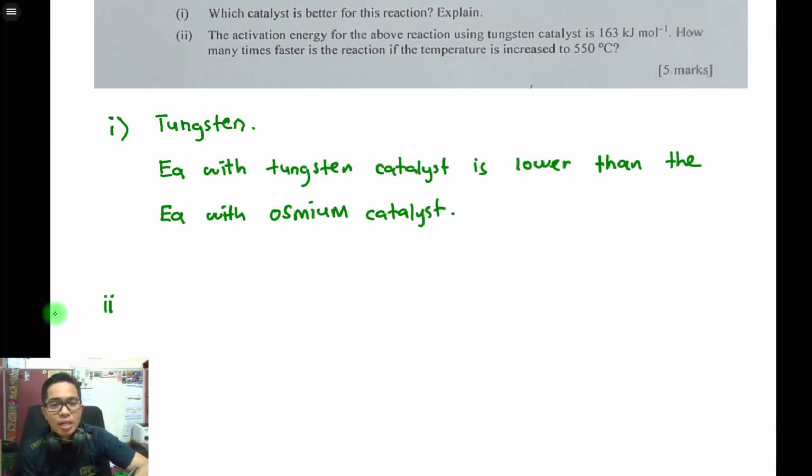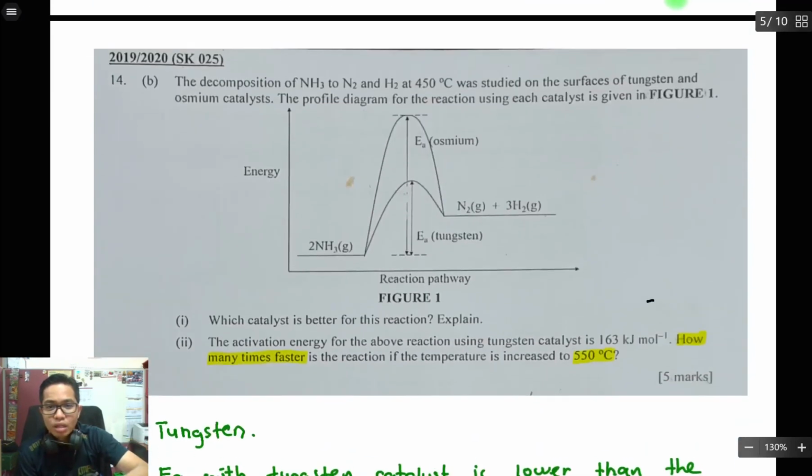Question number 2. The activation energy for the above reaction using tungsten is 163 kJ per mole. Dia tanya how many times faster is the reaction if the temperature increases to 550 degrees Celsius. So what is the initial temperature? Initial temperature is 450 degrees Celsius.